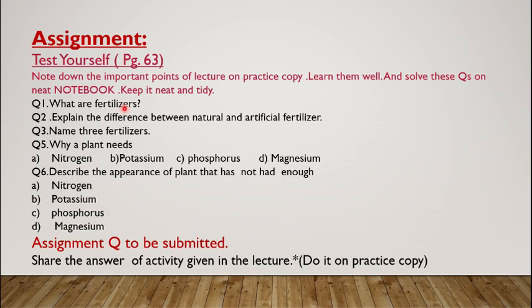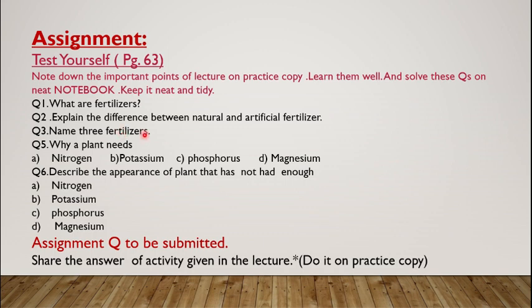We have discussed in detail what fertilizers are, their importance, and some examples. Explain the difference between natural and artificial fertilizer. You have to explain, so this is not a one point or one sentence answer. You have to explain the difference between natural and artificial fertilizer based on their origin, and then give some examples. Three fertilizers, you can give any three examples.